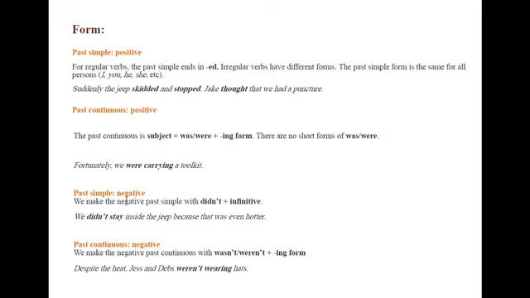Past simple negative. If we have a negative form, we make the negative past simple with didn't plus infinitive. Infinitive means the verb plus the complement. We didn't stay.